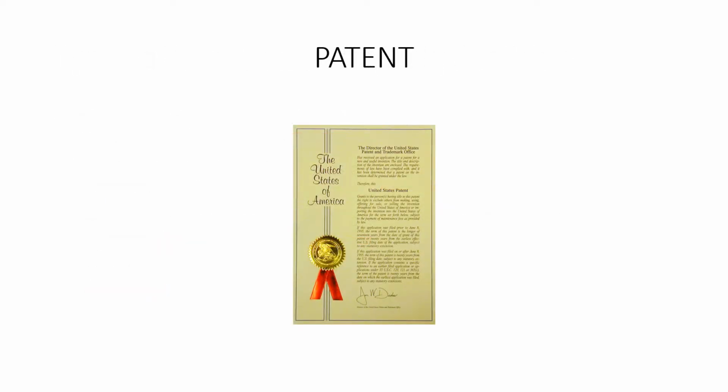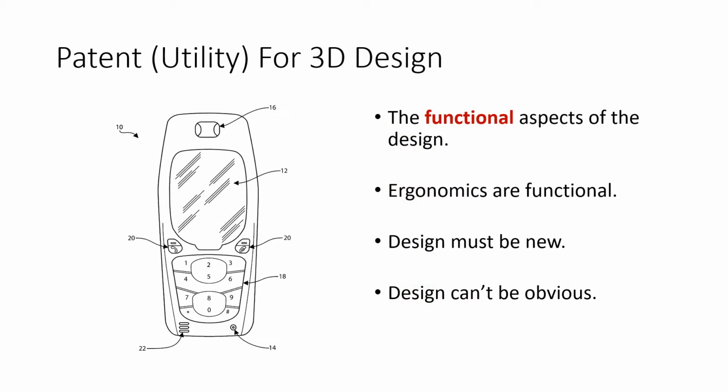So let's take a look at the first type of intellectual property protection, patents. Now, it is possible to get a patent for the 3D design of a product, but only the functional aspects of that design can be protected.